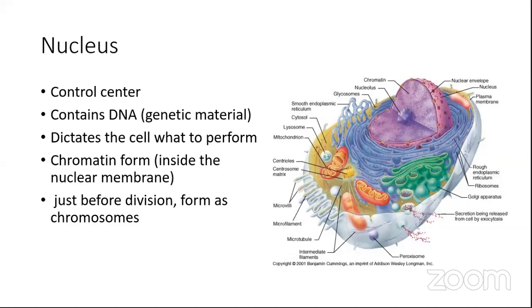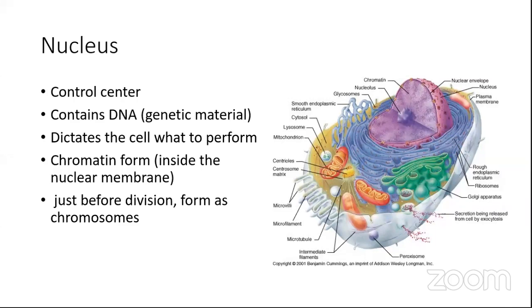Okay, and during normal time, this DNA is in the form of chromatin. It's thread-like or tangled inside the nucleoplasm, inside the nuclear membrane. That form is called chromatin. But just before the division of the cell, this chromatin condenses and forms the chromosomes.